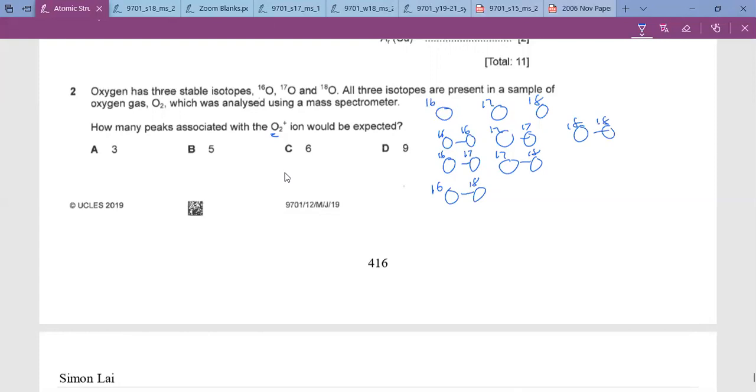O18 and 17 we have already. So how many? These give 32, 33, 34, 35, 36, all plus 1. How many are there? 1, 2, 3, 4, 5, 6 peaks.